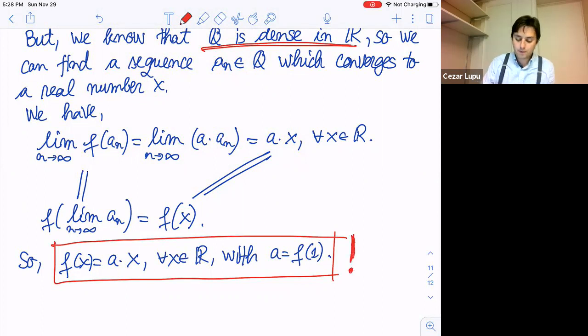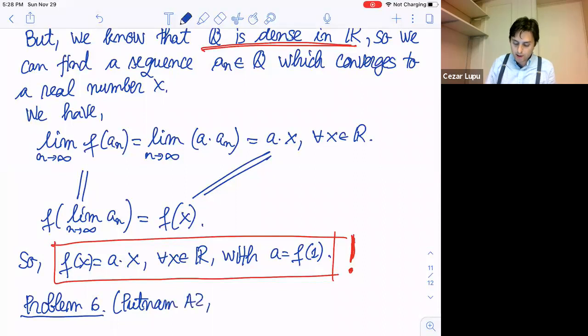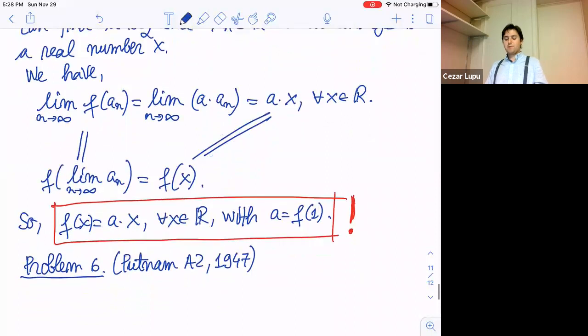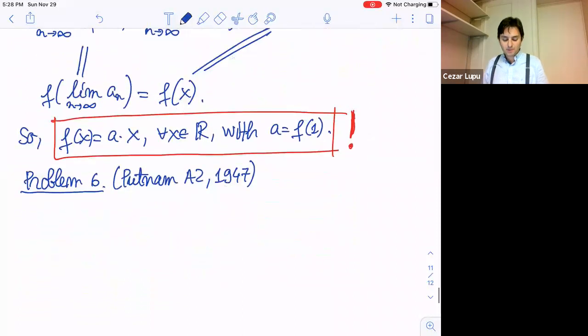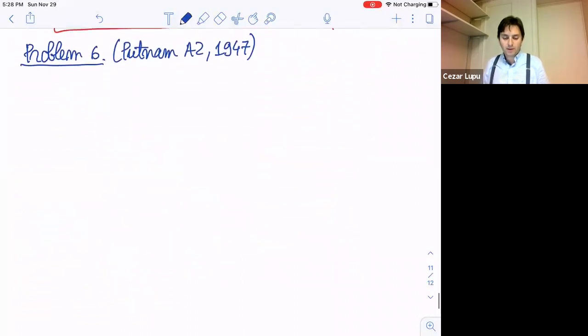All right. Now, let me go further with another problem, problem 6, which was a Putnam A2, well, a long time ago in 1947. So, whoa, long time ago. And the problem states the following.